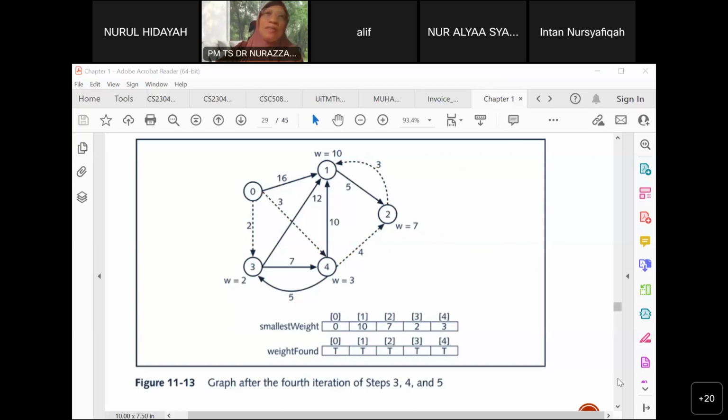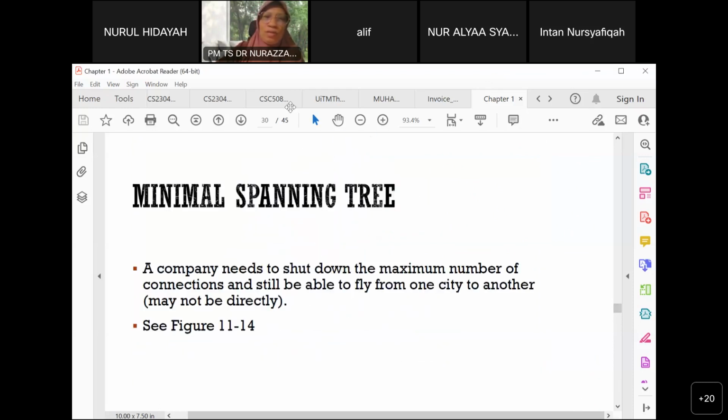Okay, there is another algorithm or application that we can use on graph to solve this problem, which is what we call minimal spanning tree, MST, minimal spanning tree.